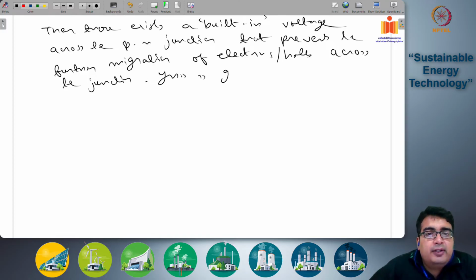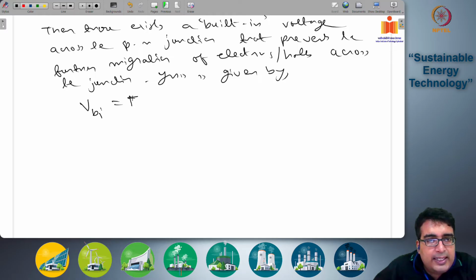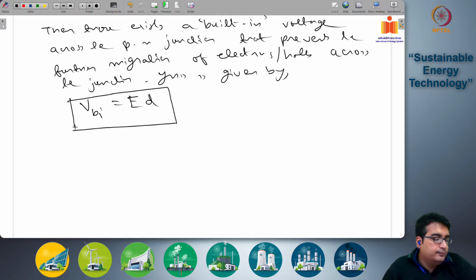This is given by VBI. V built-in equals the electric field E times the length of the depletion zone D. Okay.